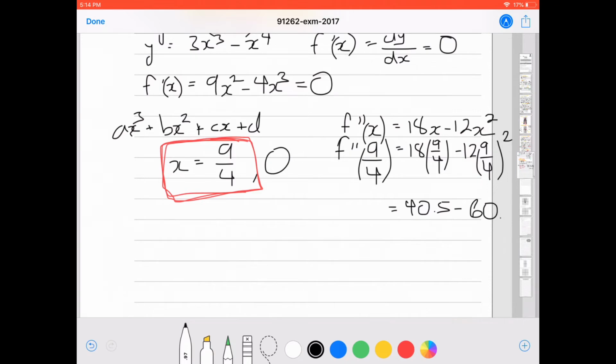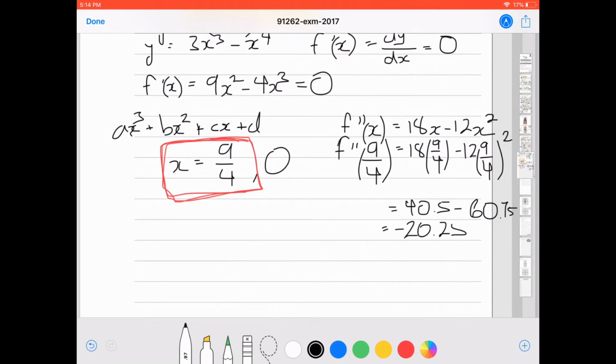And yeah, it's a negative 60.75, running out of room here. Okay, and so just simplifying, 40.5 minus 60.75, that equals minus 81 over 4, or 20.25.